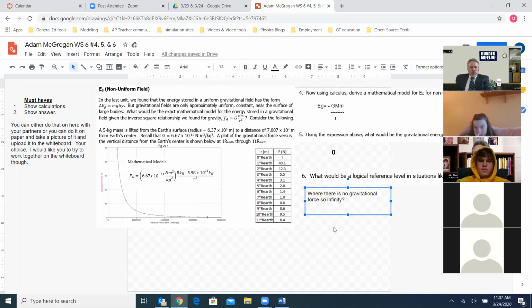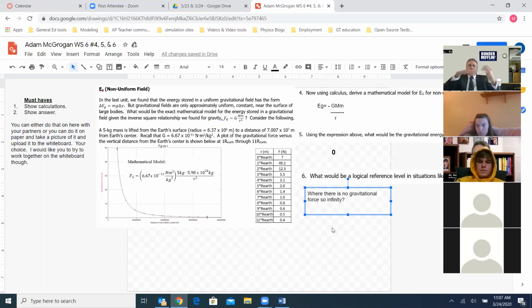So number 6 is a little bit confusing. Let me explain it by trying to get you to remember. You remember, in fact, Adam, I think you did this for me. You remember we did the demo where I had the very large sphere and you put it up against your nose and you let it swing and then let it come back. Do you remember we picked the bottom of the swing to be the height 0, right?